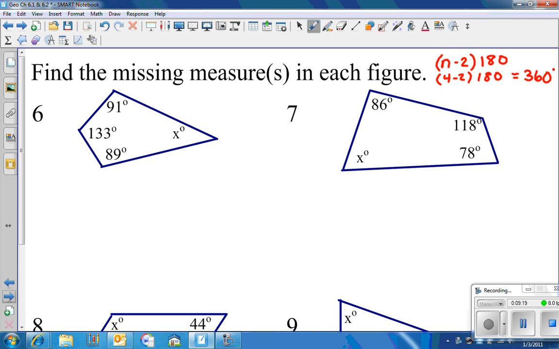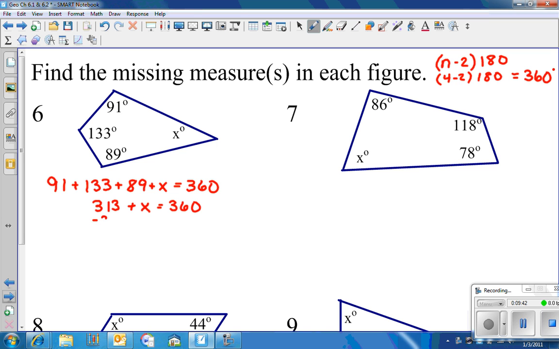So all 4 angles in these quadrilaterals add up to be 360. So add them together. 91 plus 133 plus 89 plus x all equal 360 degrees. Combine like terms. So you get 313 plus x equals 360.